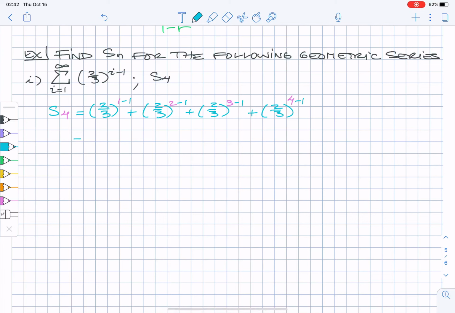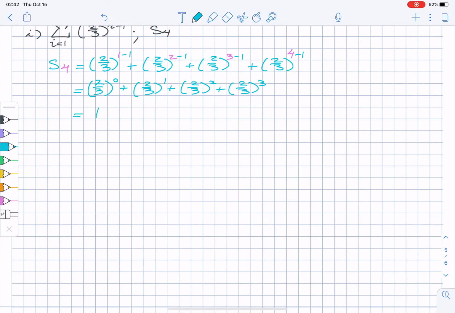So what do we have here? We have 2/3 to the 0 power plus 2/3 to the first power plus 2/3 squared plus 2/3 cubed. Okay, so that gives us 1 plus 2/3 plus 4/9 plus 8/27ths.